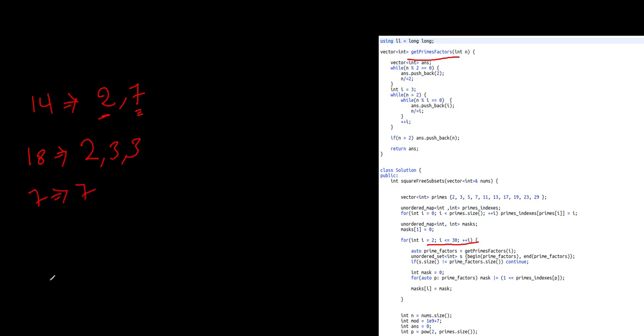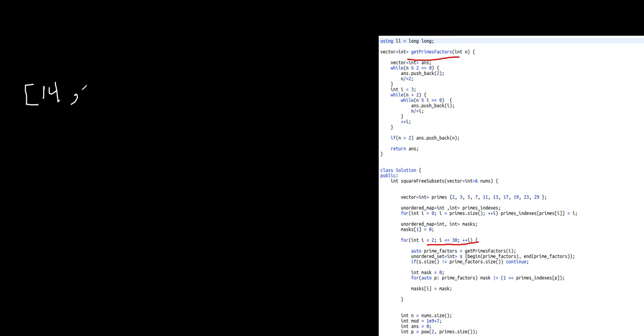Now, how can we know if a subset is a square free subset? For example, if we have 14 and 7, first of all, we get the prime factors of every number in the subset. So for 14, prime factors are 2 and 7.